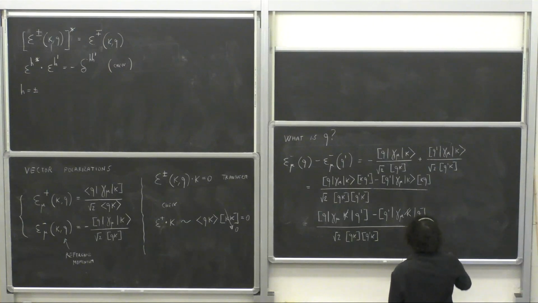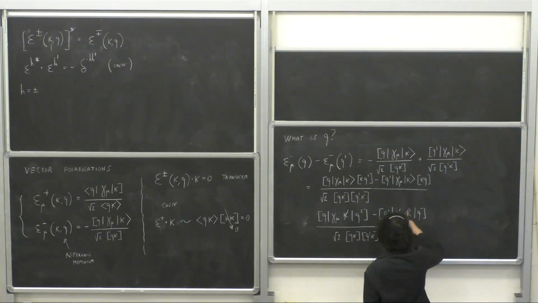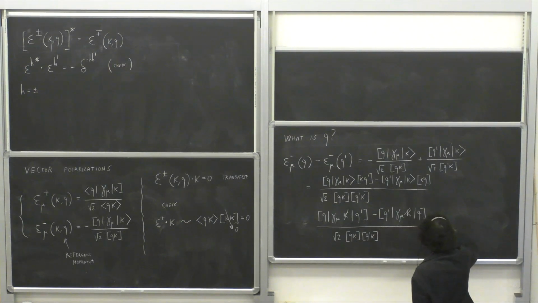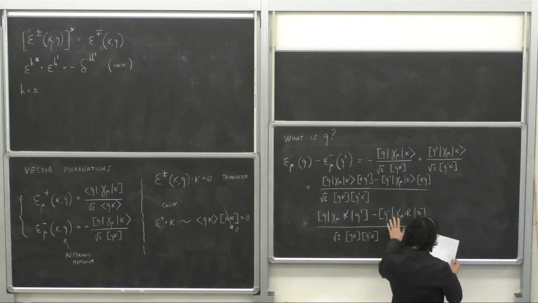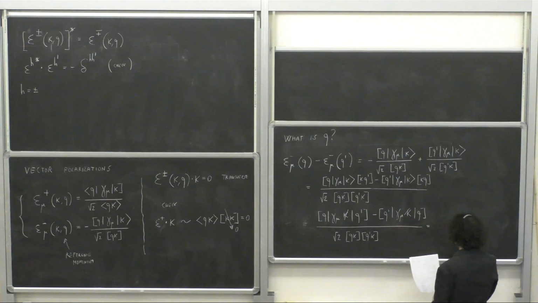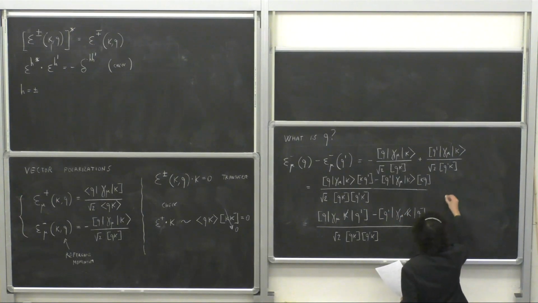Okay, but now we rewrite the second term. We note the property that this is the same as flipping the Q and the Q prime and the order of these two. This is something you can easily verify.